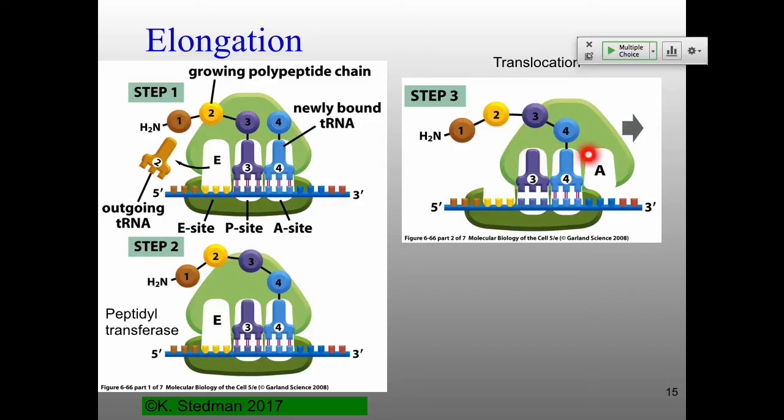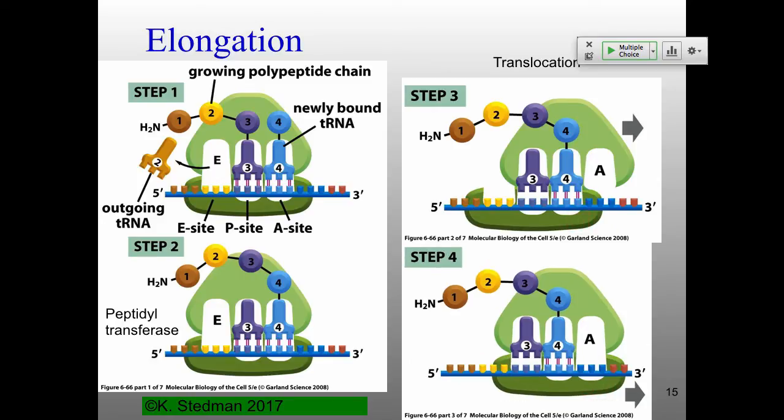First, the large subunit of the ribosome moves, then the small subunit of the ribosome moves, and once that has happened, you now have an open A site. This tRNA that used to be in the A site is now in the P site. Now we can have a new tRNA binding here, and this process continues. So it just chugs its way along, and eventually making your full polypeptide chain.